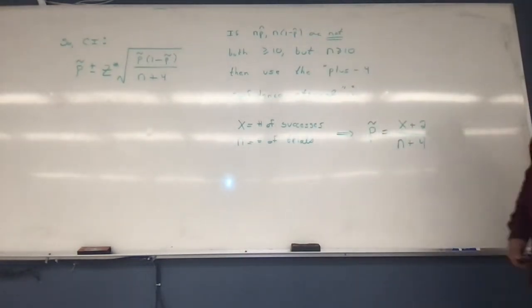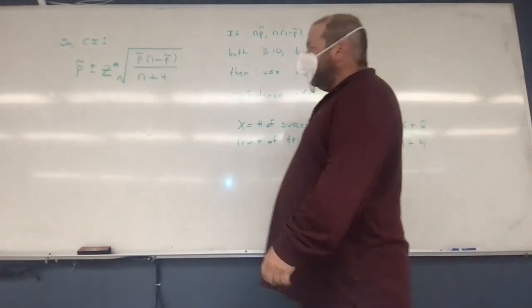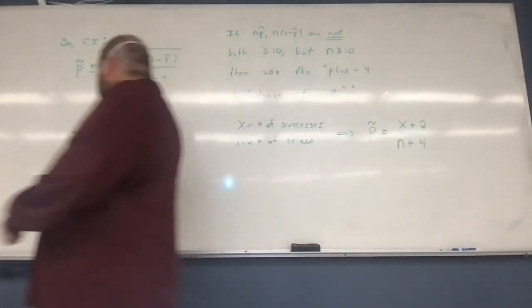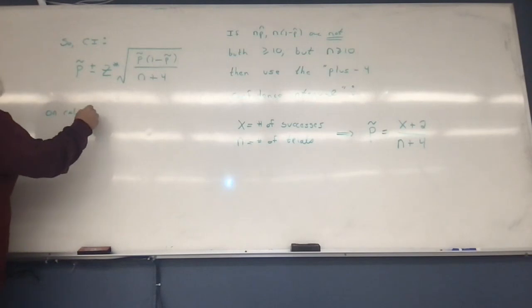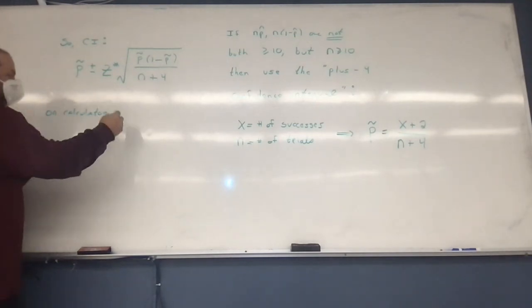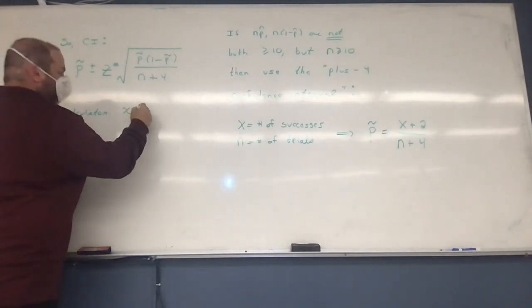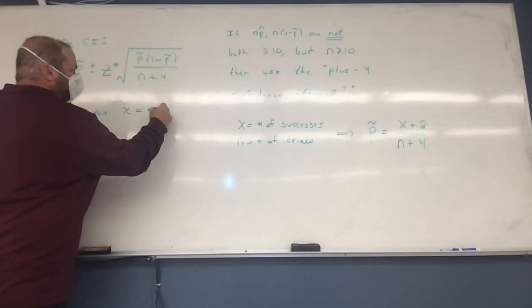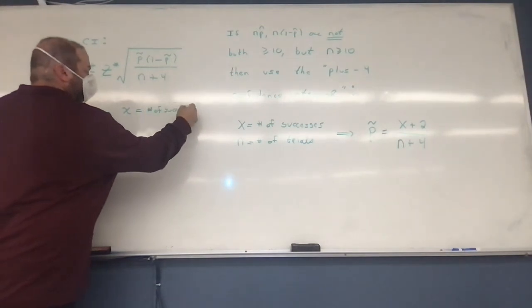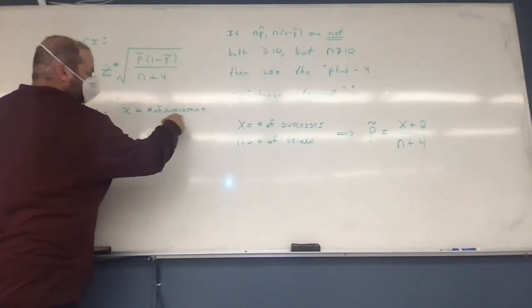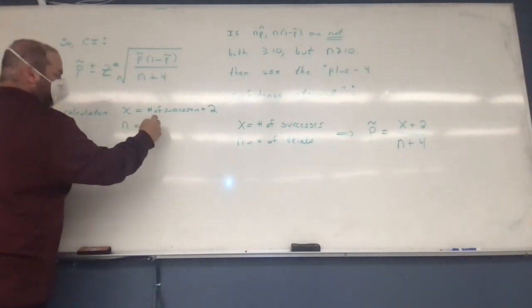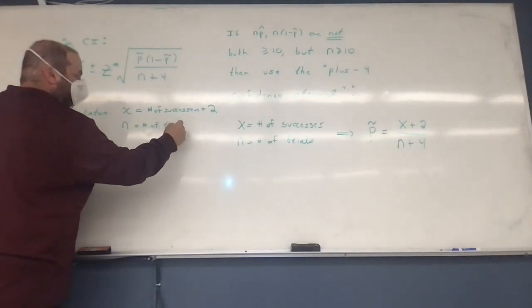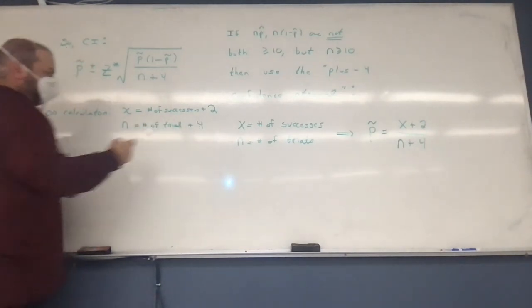Now on your calculator, x is equal to number of successes plus 2, n equal number of trials plus 4.